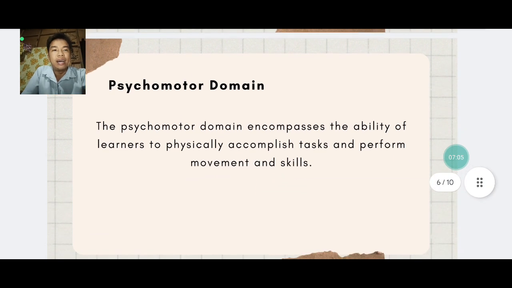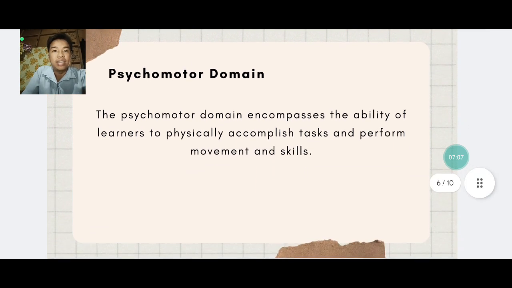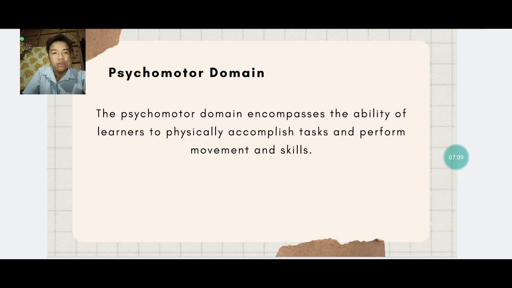The second level of domain is the psychomotor domain. The psychomotor domain encompasses the ability of the learners to physically accomplish tasks and perform movements and skills. In psychomotor, there are several different versions, including different hierarchies.